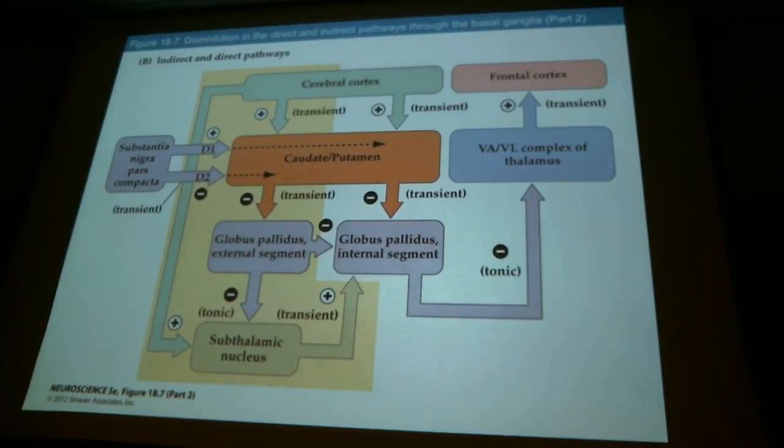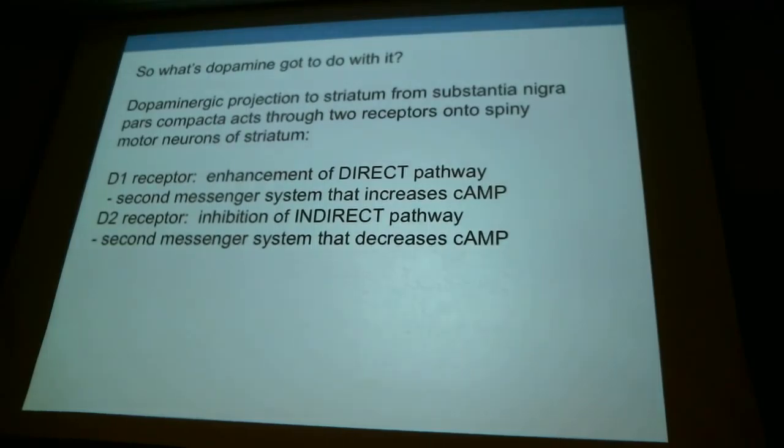So you apply dopamine, you bias the circuits in the direction of enhanced direct activation. And I suppose the opposite, if you tip dopamine away, you would bias the circuits in the other direction. Okay. And so this leads us to two of the best known neurodegenerative diseases.